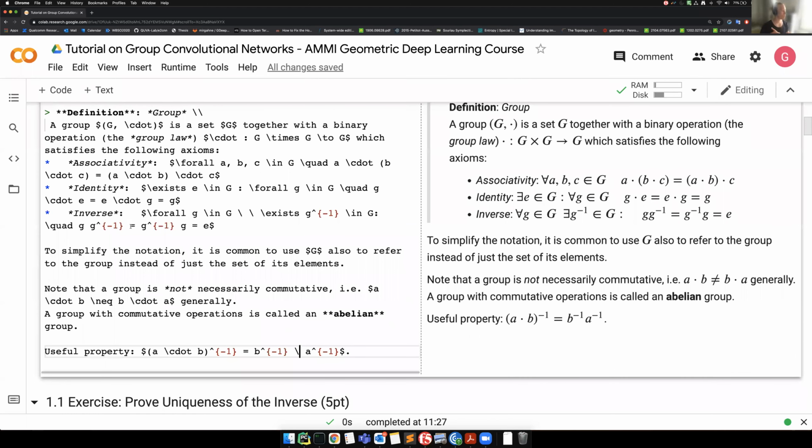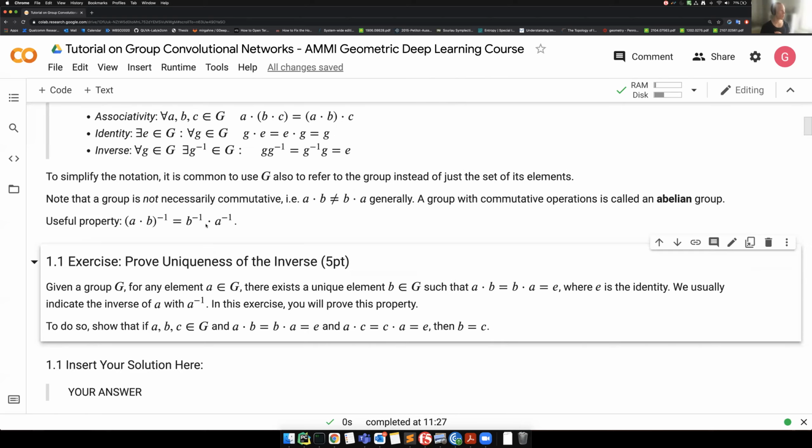The inverse of A times B is equal to first inverting B and then inverting A and taking the product. Note that you have to swap their order.